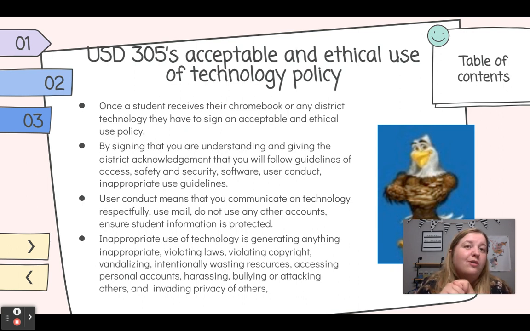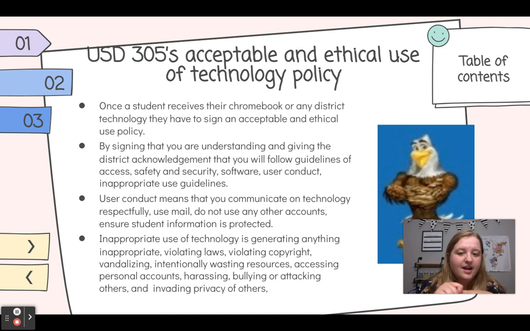Access means you will only use it for educational purposes. Safety and security: our school has blocks on certain websites, and you will understand and not go around those blocks. Software: you do not download extra software on your Chromebooks or devices without contacting MIS.